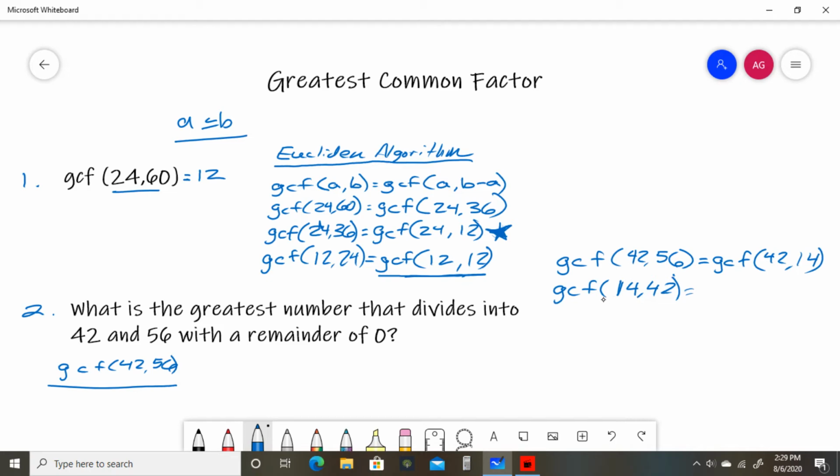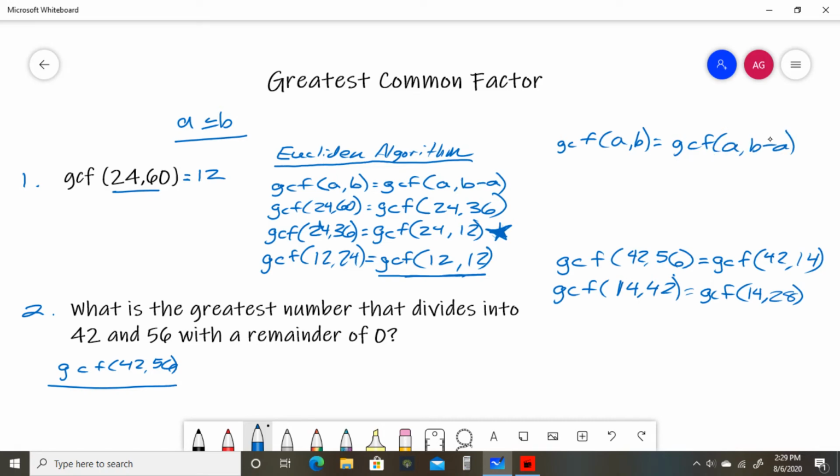So GCF of 14 and 42 will be the same thing as the GCF of 14 and 42 minus 14, or 28. Okay, I realized earlier I said the order doesn't really matter. As long as you take GCF of A comma B, as long as this is equal to the GCF of the lower number and the positive difference, then you're still good.